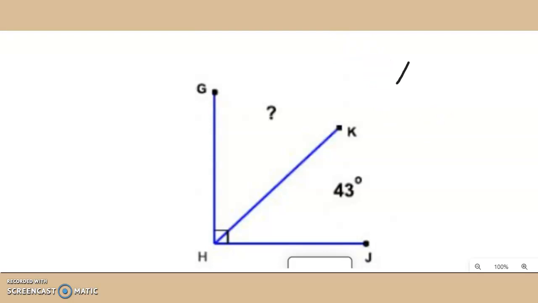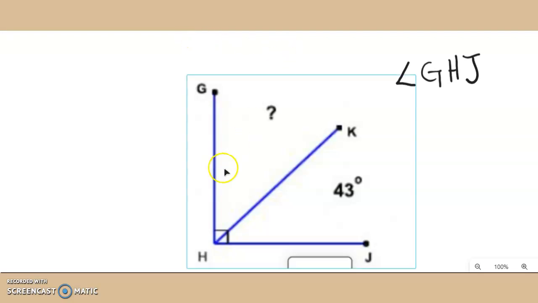If I said, what is the angle of GHJ, you would take your mouse and click on this line right here, going from G to H to J. Just follow the lines and it'll tell you right away what it is. Okay?